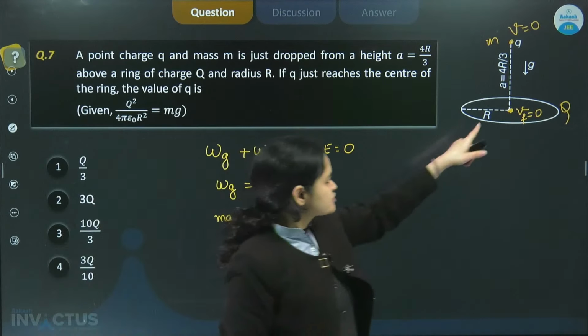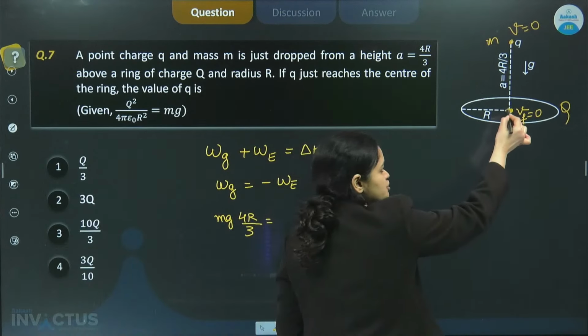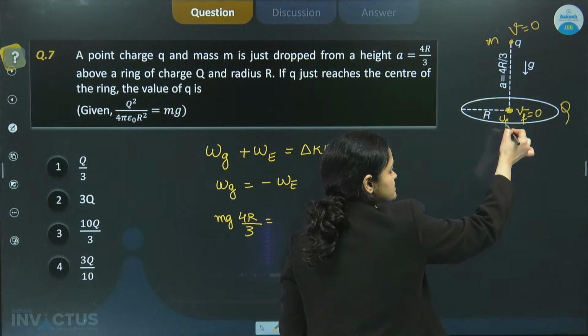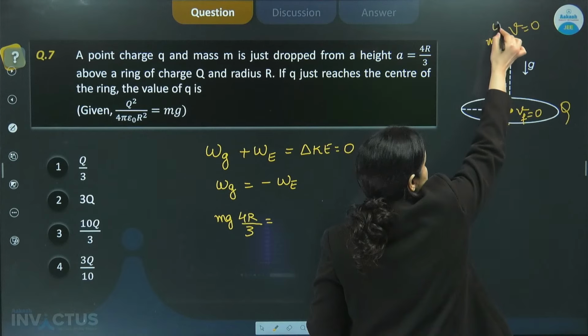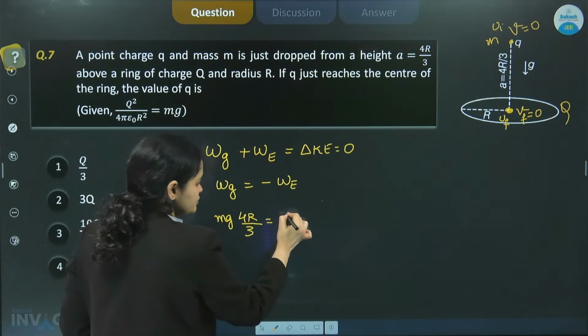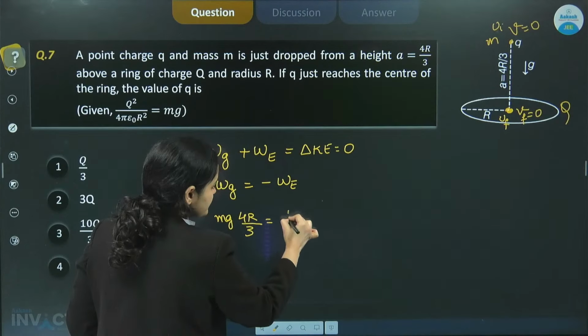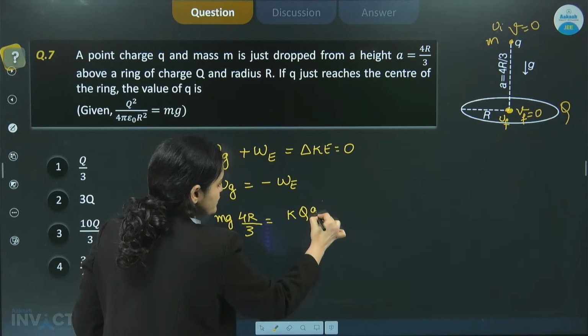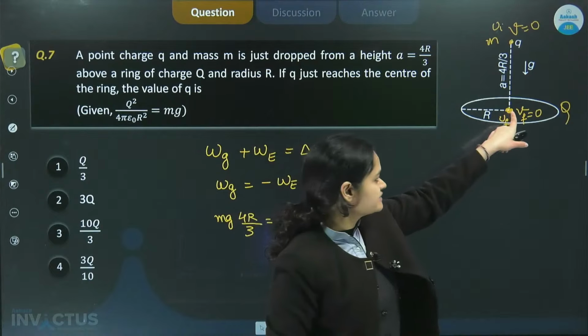Now work done by electrostatic force, at this position the potential energy is U final, at this position the potential energy is U initial. So we can write the potentials and then find out the potential energy. So this is going to be K into capital Q small q. I'm writing the final value over here.